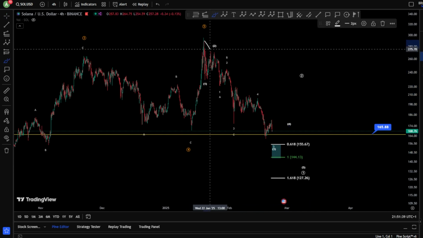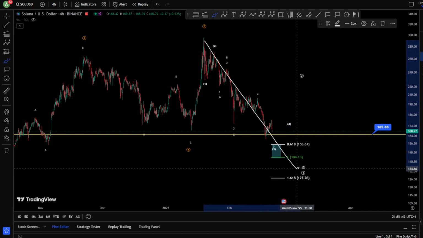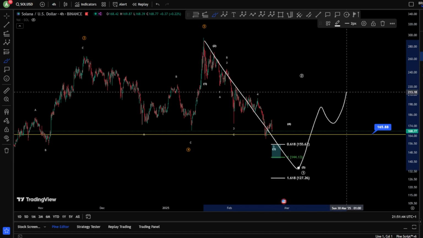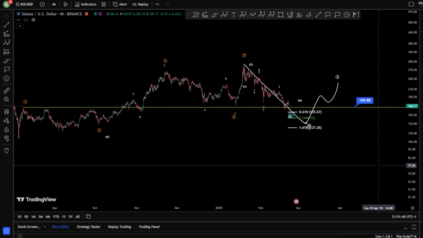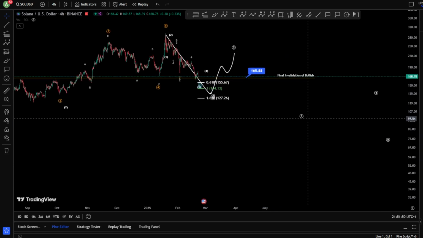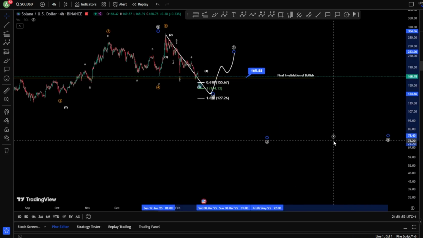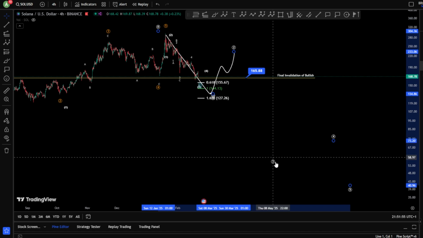So by all means, this is only one impulse toward the downside just to finish a wave 1. Then we're going to get a correction for a wave 2, and then continuation toward the downside impulsively with a wave 3, 4, and a 5.